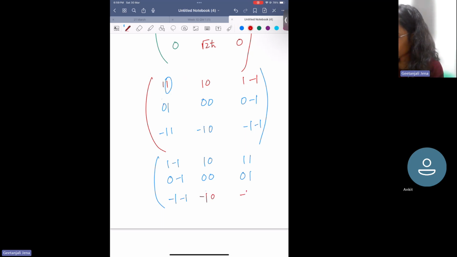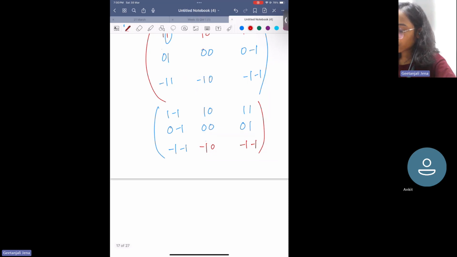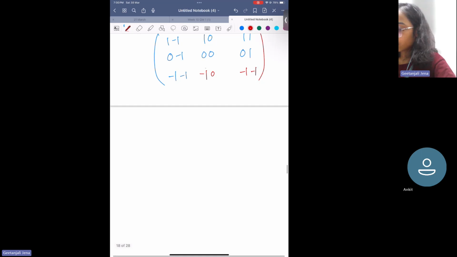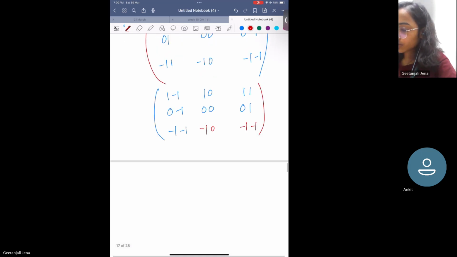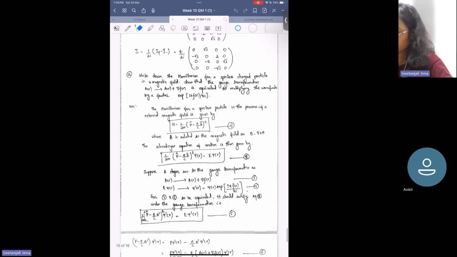Minus 1, 0, minus 1, minus. So you can take this combination also. So it's up to you how you want to find the matrix expression for J plus. So let me show you the PDF file.